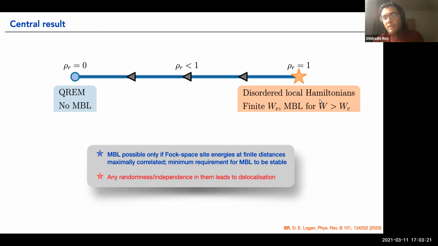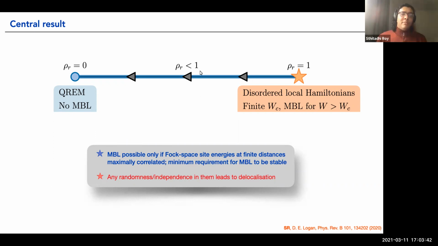That's what happens for disordered local Hamiltonians. Whereas if you go to the other extreme limit of basically no Fock-space correlations, like in the quantum random energy model, you actually have no many body localization. I must say that this is not a sufficient condition for MBL to be stable. Rather, it's a necessary condition for MBL to be stable.